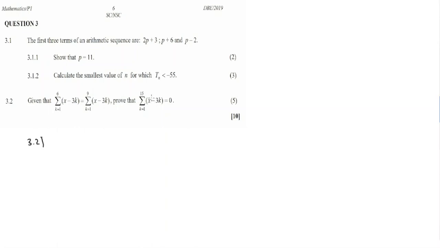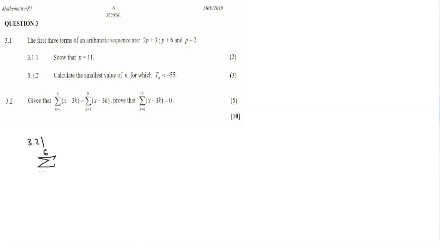So in order to calculate for x, I'll have to use the equation on these sigma notations. Let's take the one on the left hand side first, the one to 6.